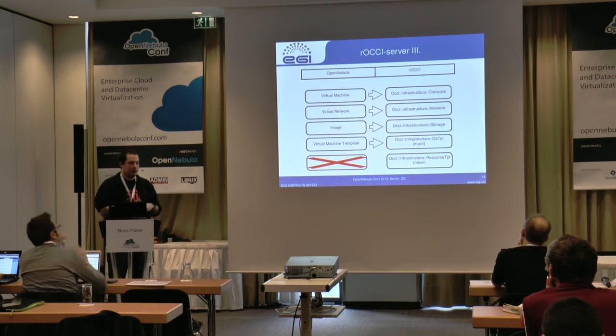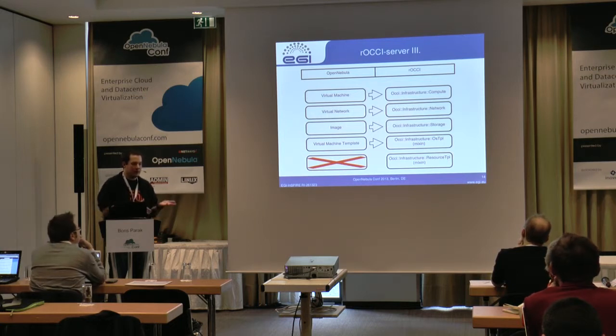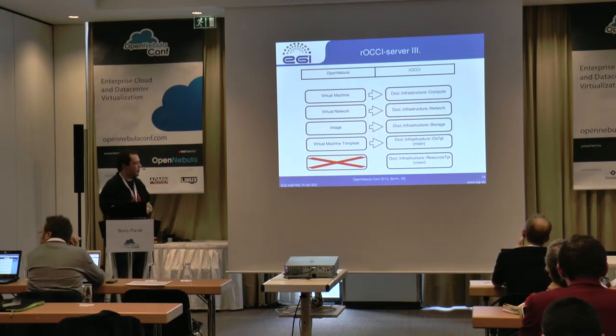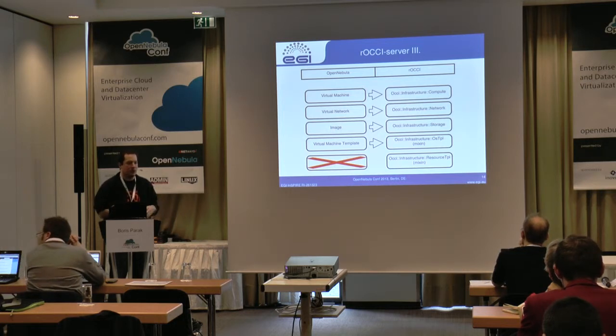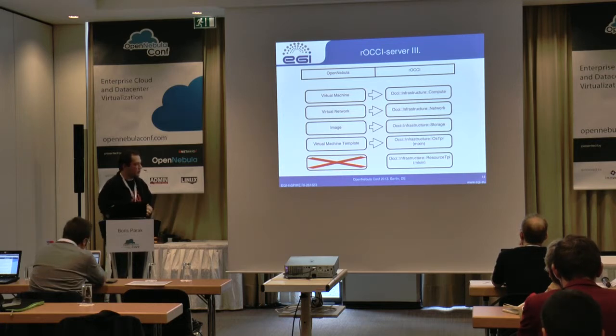So if you create a native OpenNebula template, rOCCI server will allow you to access this template and to launch this template. That's the OS template mixin. And then there is a resource template mixin, which is actually defined inside rOCCI server because OpenNebula doesn't have the concept of flavors or resource templates. So you can actually predefine that in rOCCI server, and we will provide that for you.